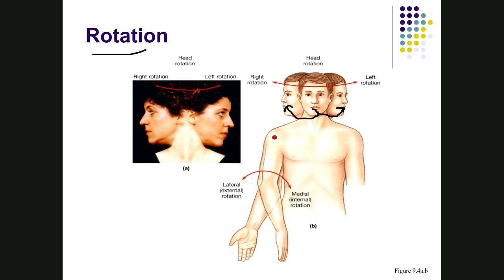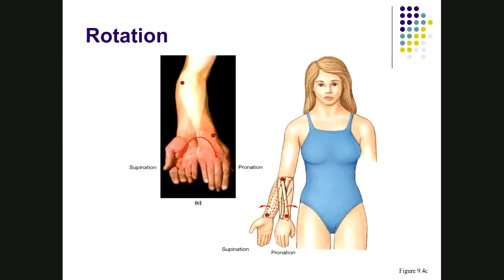We can have lateral rotation, we can have medial rotation. But it's spinning. It's not cone-shaped. So rotation is happening right here. This bone is spinning right here. This bone spins on its own axis.